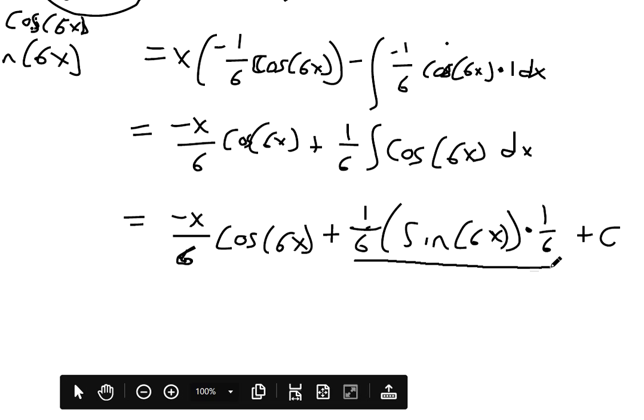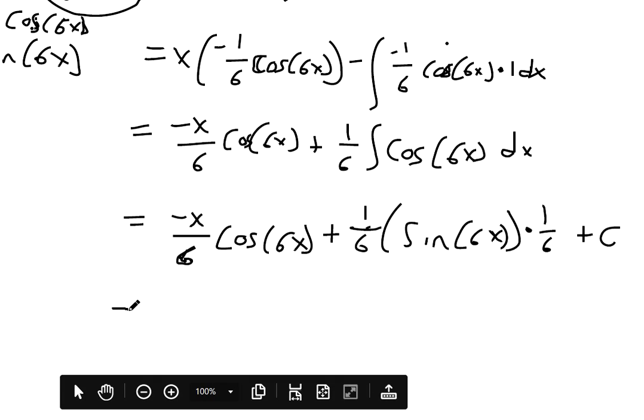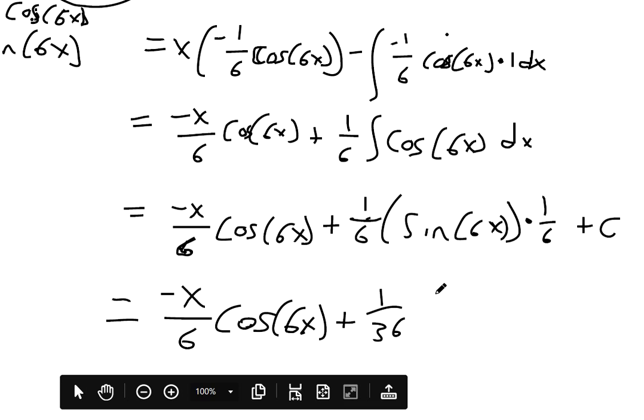If you take a derivative of this, it should turn back into this. 1/6 cosine 6x. And then cleaning up a little bit more, that's negative x over 6 cosine 6x, and then this is plus 1 over 36 sine 6x plus some constant c.